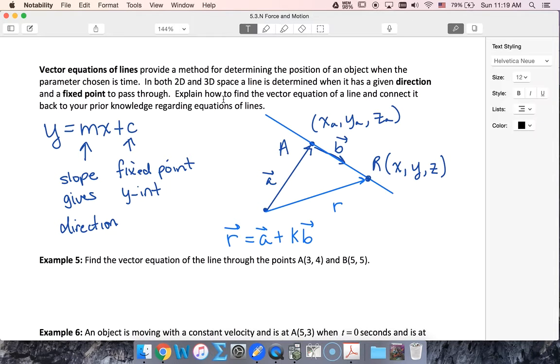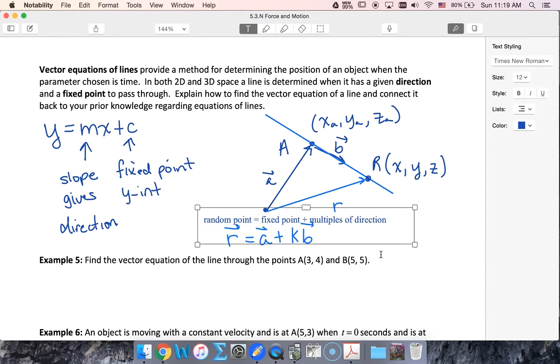So let's put this in here. So random point equals fixed point plus multiple of direction.